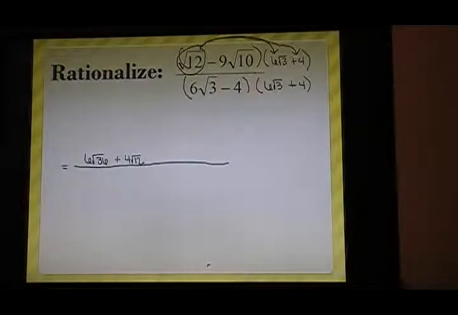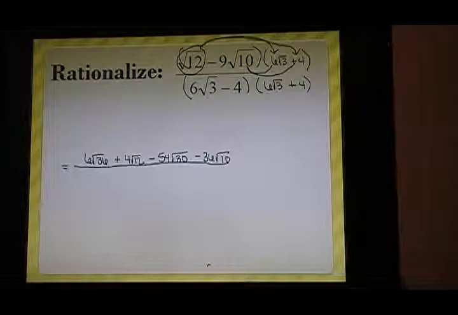Multiplying my negative 9 root 10 by the 6 root 3, I have minus 54 root 30, and negative 9 root 10 times positive 4, I have minus 36 root 10.